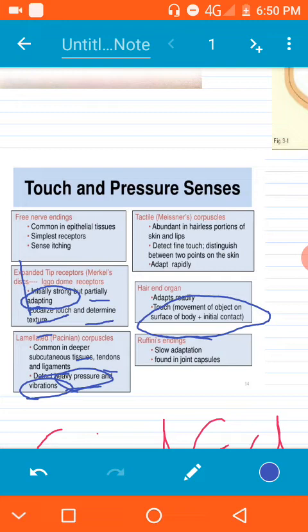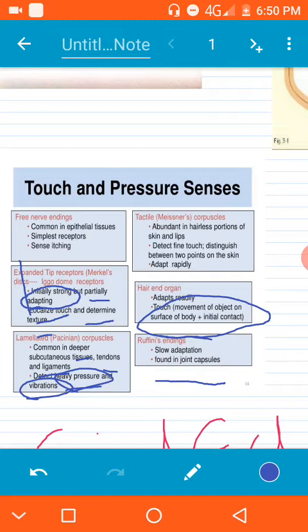What then is the role of the Ruffini ending? Again, they say they are not much involved in surface sensations like pain, touch, temperature, itch, and so on. They are much more involved in a deeper sensation like proprioception.